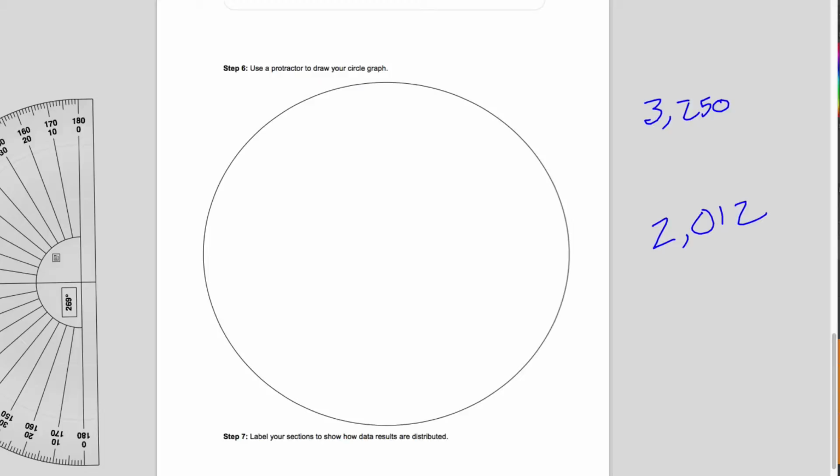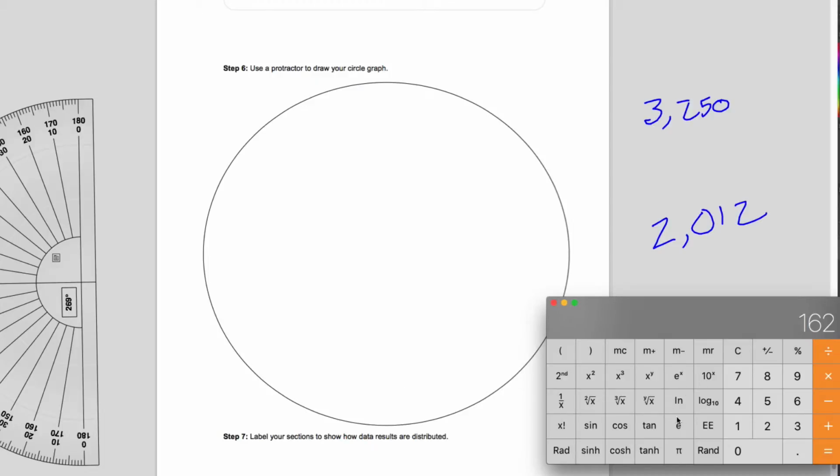We take it on the calculator, 2012 divided by 3250. Enter. It is 62%. You just take that 9 and round it up, so we have 62%.